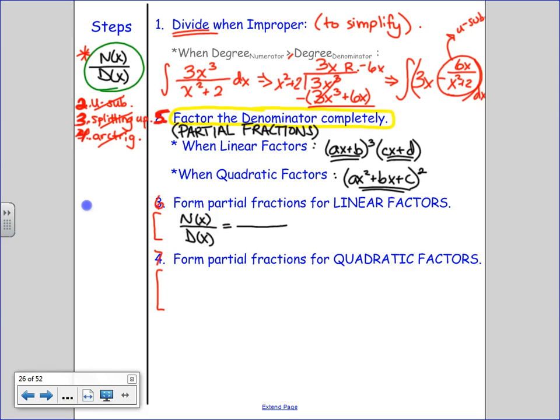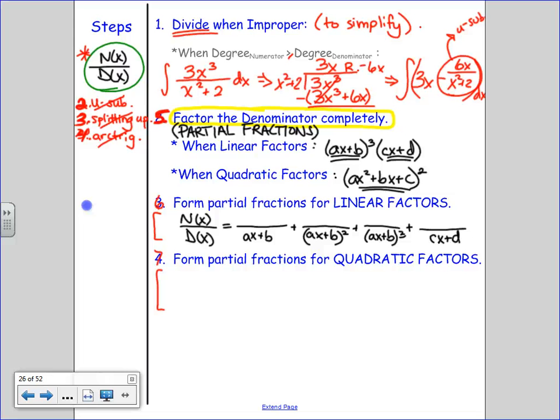In this example, I would have ax plus b, ax plus b squared, ax plus b cubed, and then cx plus d. This is a really bad problem, okay? But if I have a linear factor raised to a power, I have to do one for the first degree, second degree, third degree, because these could all have been put together. And then I have to think of all the possible ways I could go from separate to together.